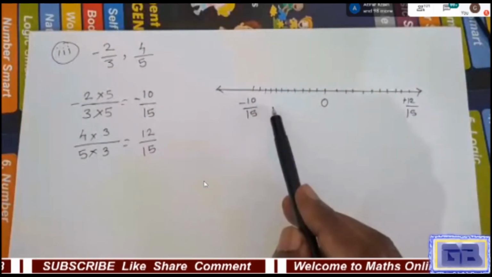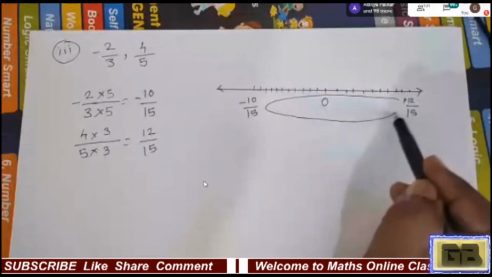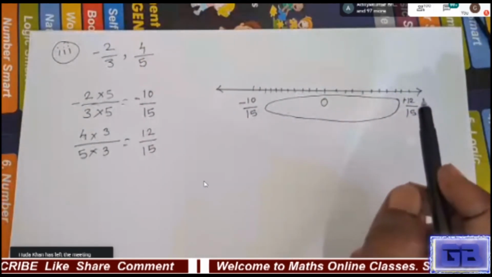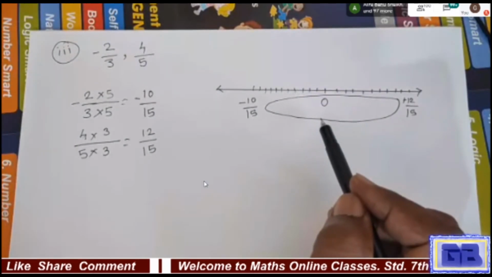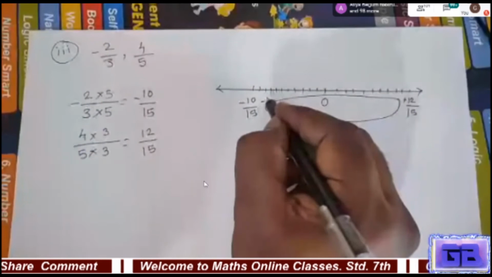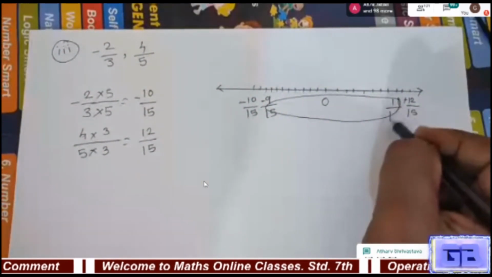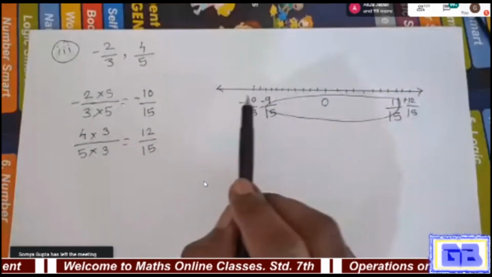It means so many numbers we have in this area to write the answer. Okay, but in the question what is asked? Write only 3 rational numbers.